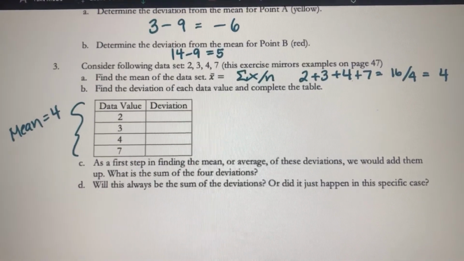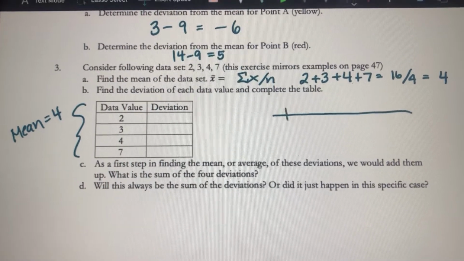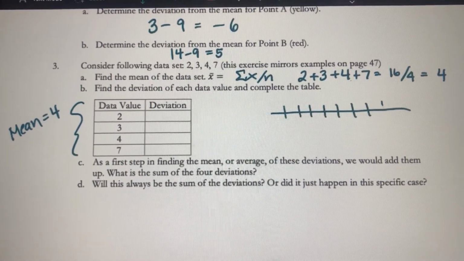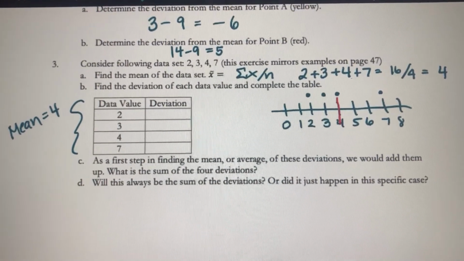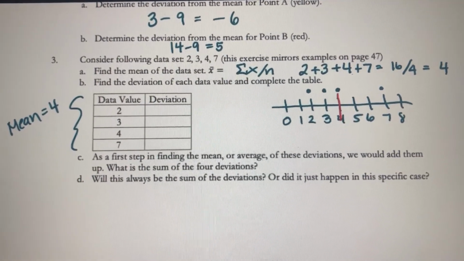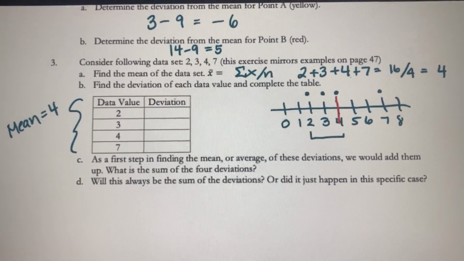Now I want to find the deviation of each value. If I had these numbers on a number line, I'm going to mark my mean here. And then I want to know how far away each value is. Well, for 2 minus 4 is -2.